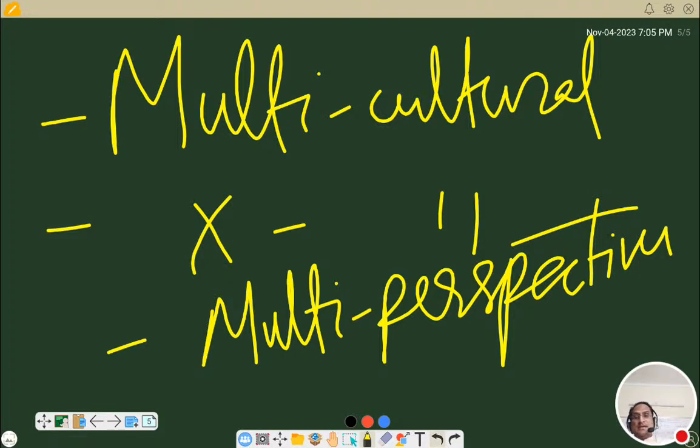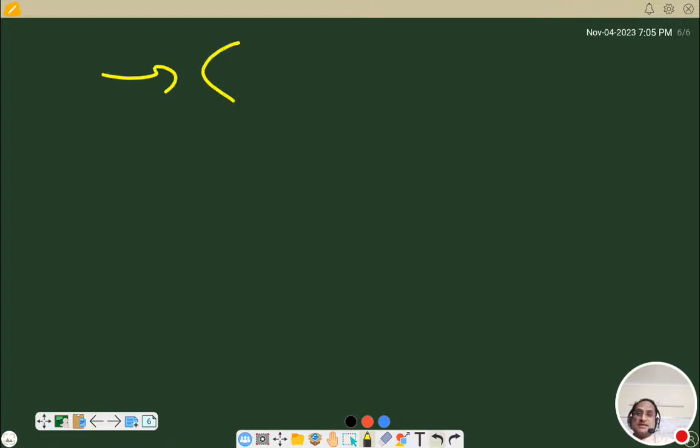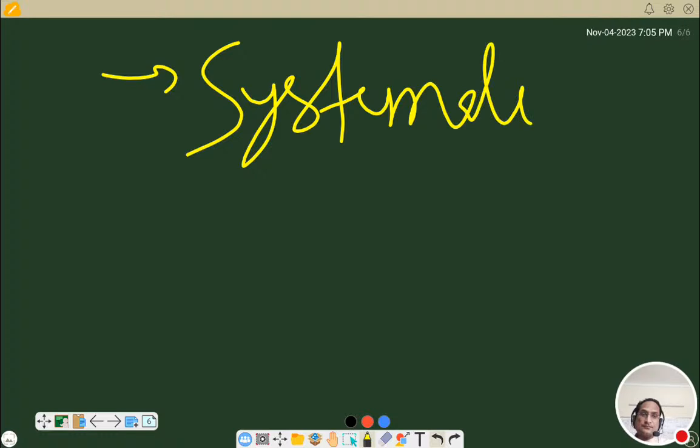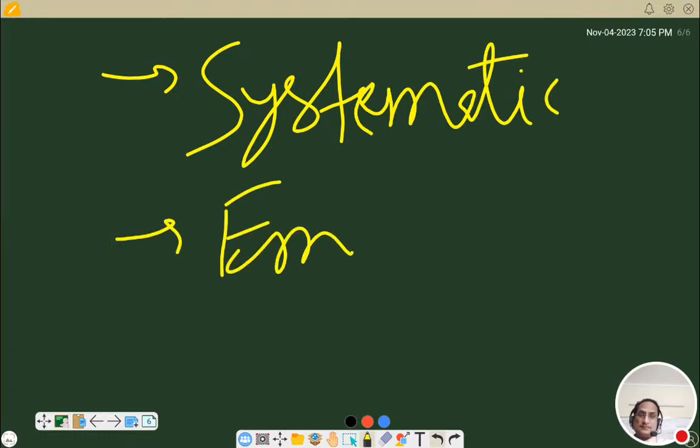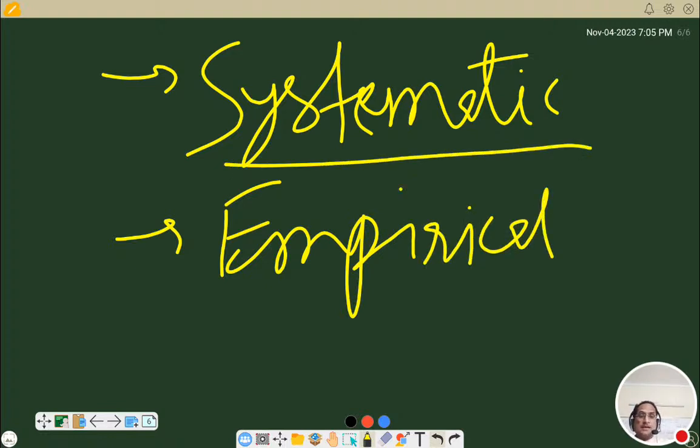Now, we talked about two things, the systematic and empirical. Systematic because it is under a defined way, in a systematized manner. There is a way of operation. We have certain steps. The step number 1 will take place, after that step number 2, 3, 4 and so on.